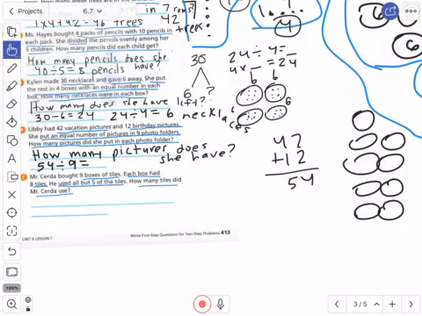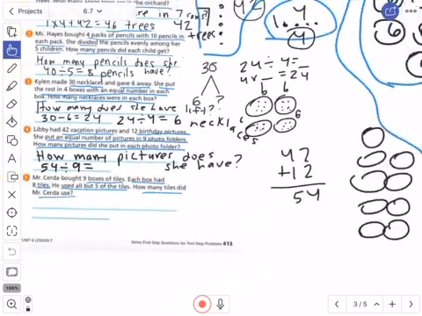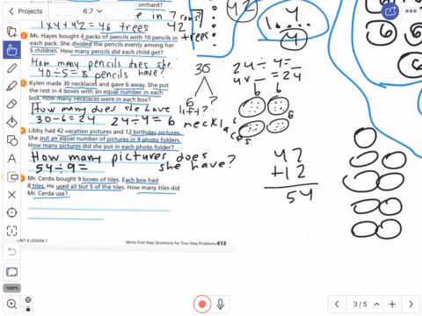I could take the number 54 and try to count them all into those circles, but I might get that kind of wrong. So I'm going to think, what's another way I could do 54 divided by 9?